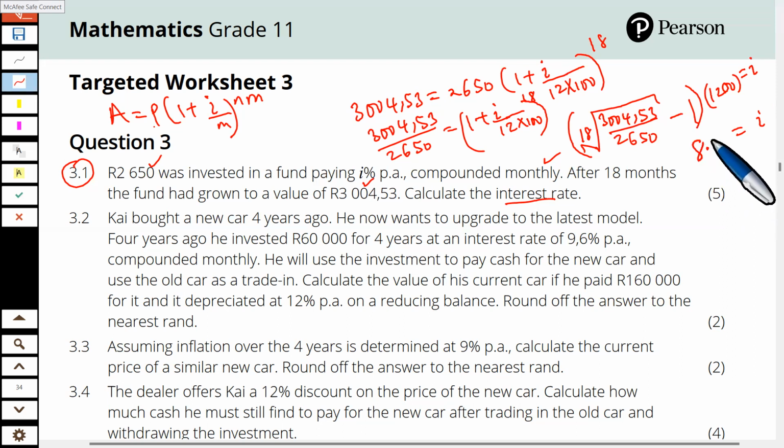So we get 8.4% already. Before, we got 0.0 something, then we'd have to know that we need to multiply by 100. But this one automatically multiplies by the 100, so everything is ready, and we obtain a percentage straight away.